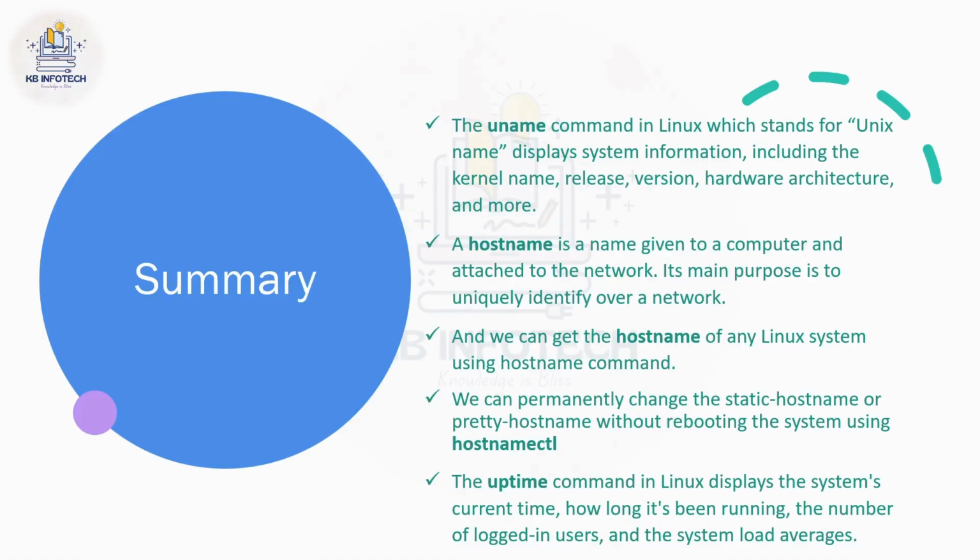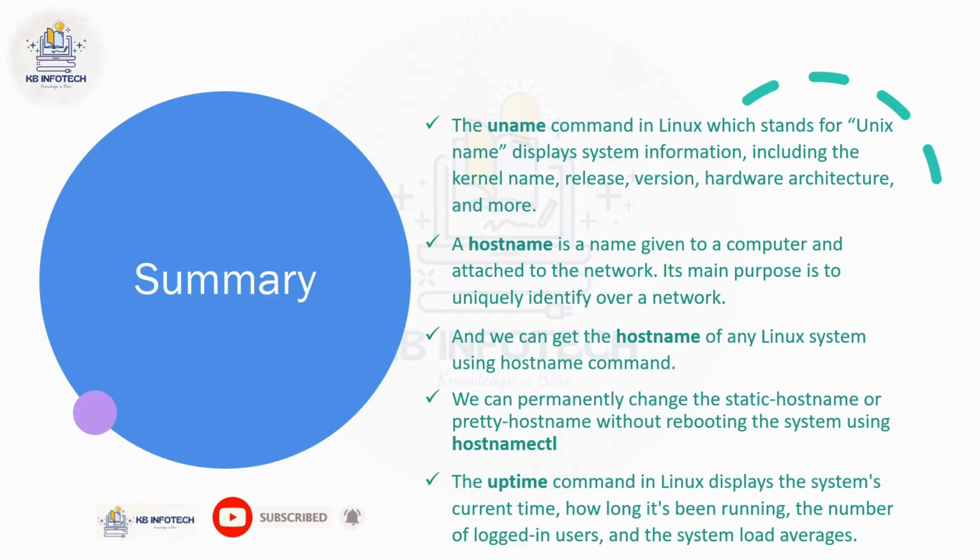Hostname is nothing but a name given to a computer and attached to the network. It is a way we can identify any system on the network. And we can get the hostname of any Linux system using the hostname command. We have another command, which is hostnamectl. We can permanently change the static hostname or pretty hostname without rebooting the system. That is the main purpose of the hostnamectl command.